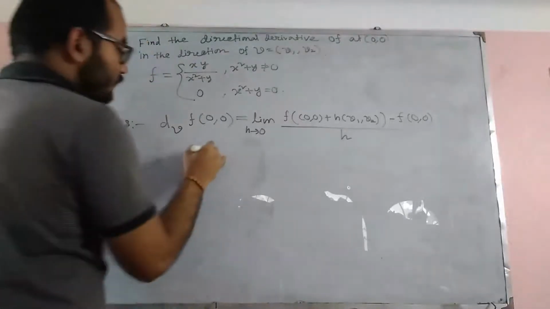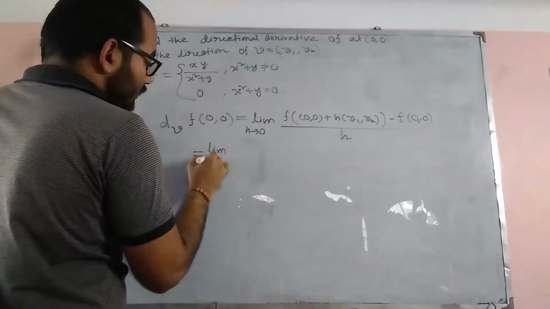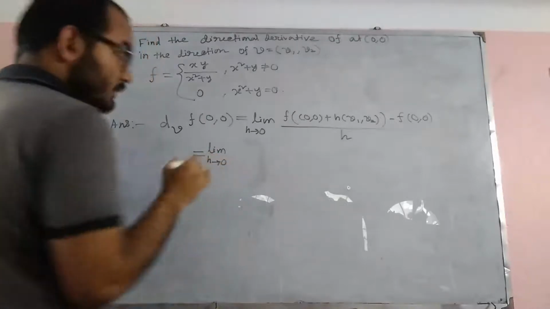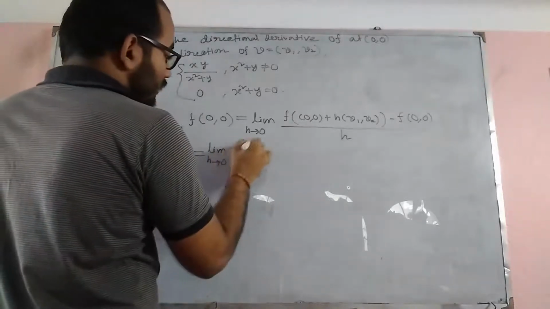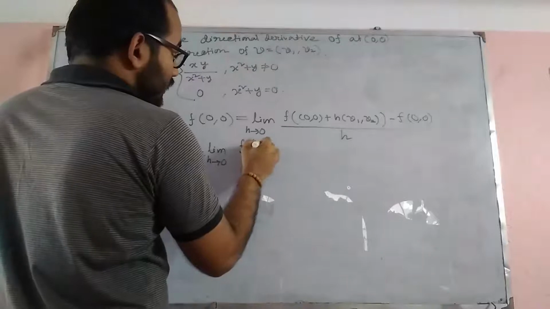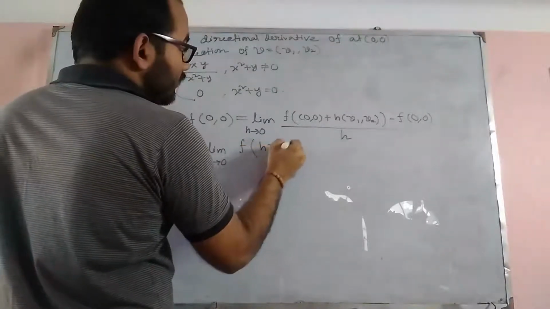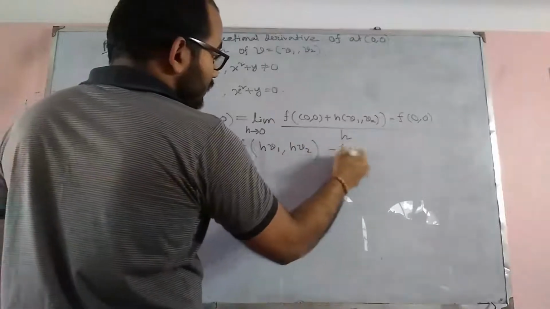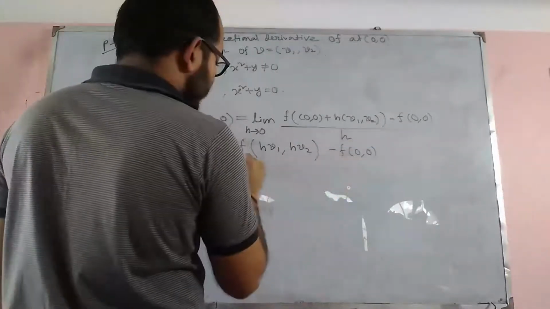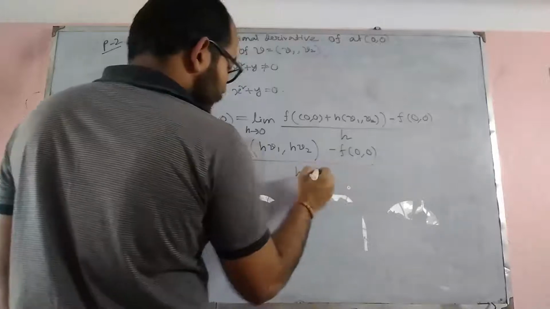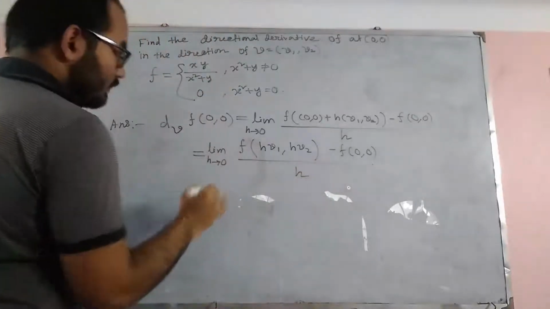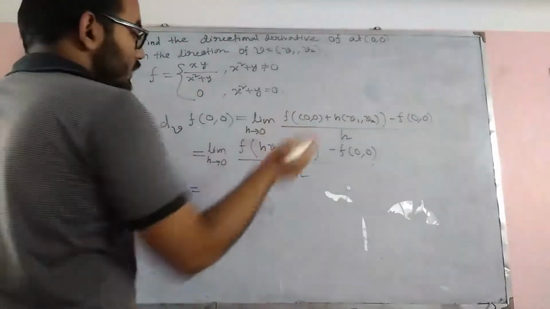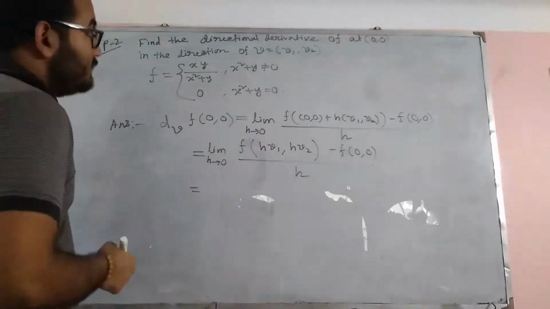Now limit h tends to 0, f of h v1 comma h v2 minus f of 0 comma 0 by h. Now what is f of h v1 comma h v2?